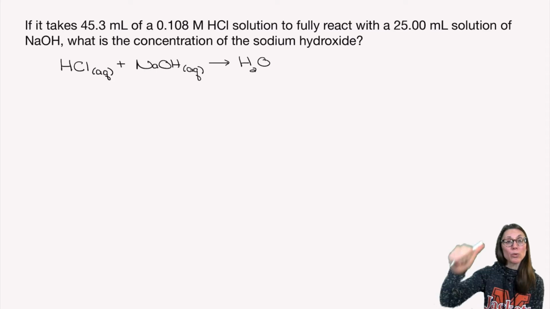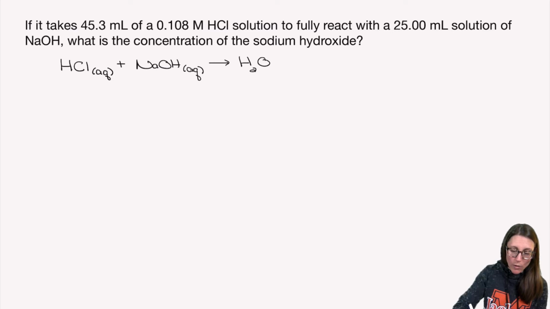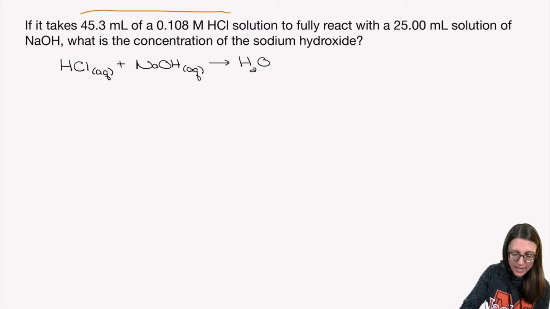So again, we're going to go molarity equation, mole ratio, molarity equation. We will start with the chemical that we know both a concentration and a volume for. In this case, that is the HCl.